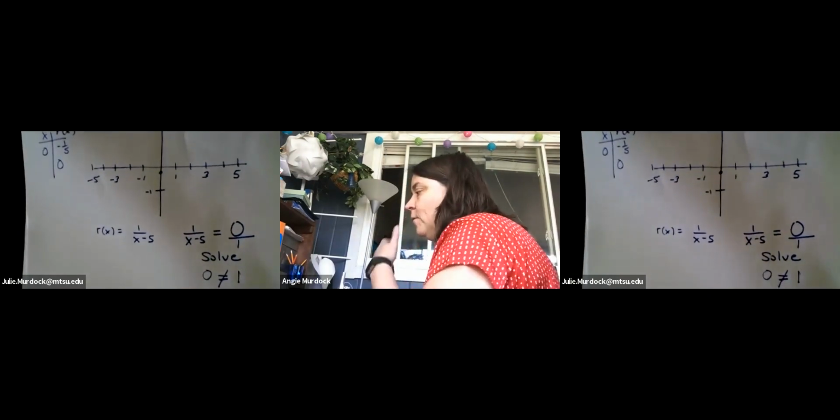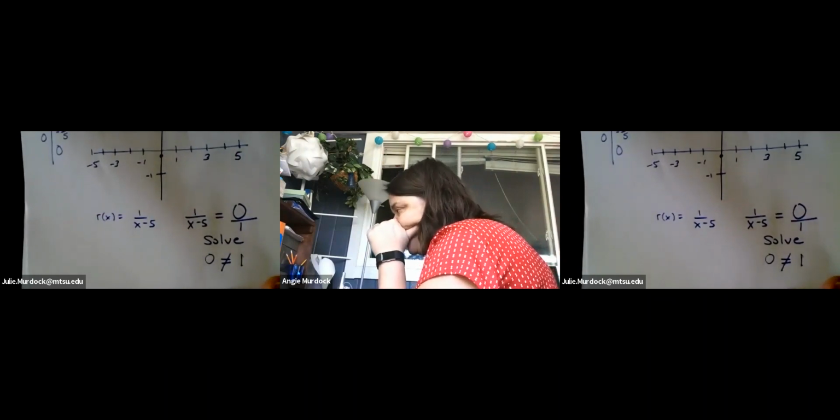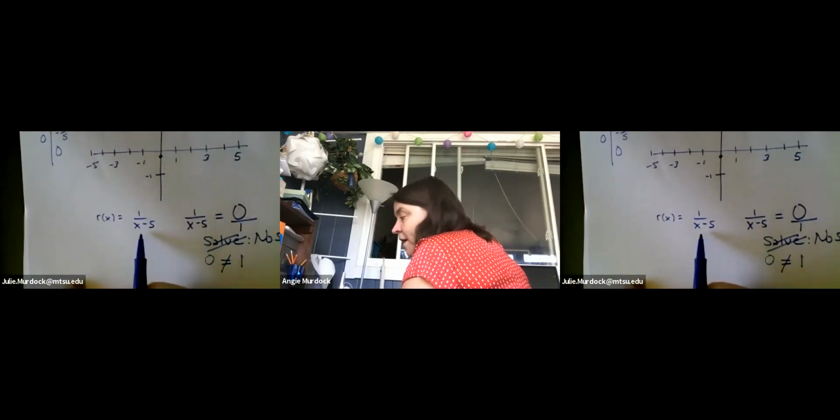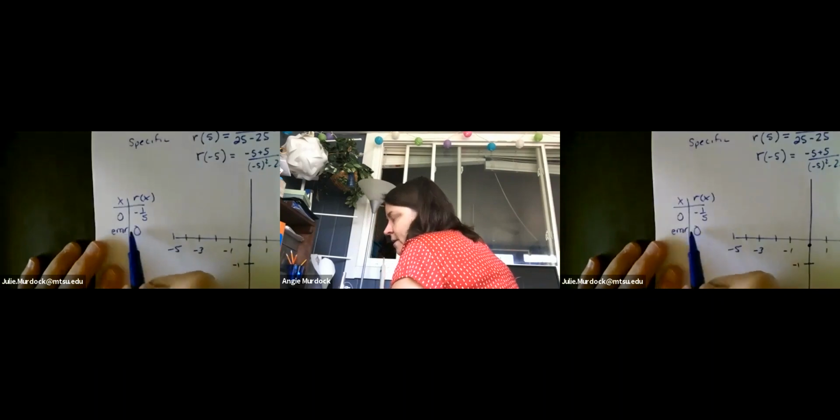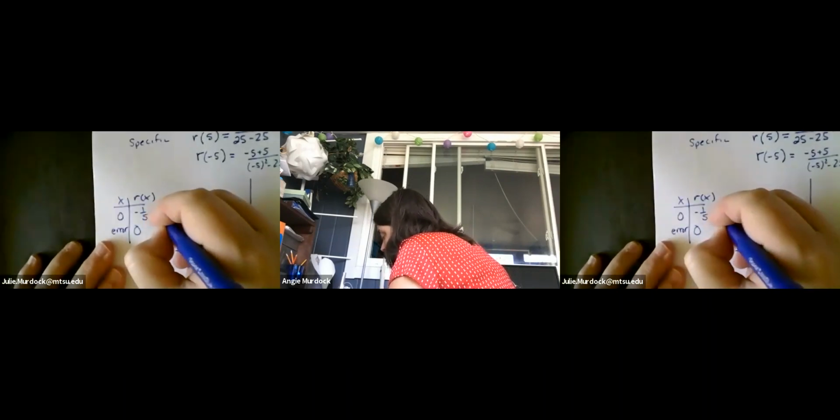And there is no value of x that 0 would ever equal 1. So there's no solution. There's no value of x that makes this ratio 0. And so I'll write the word error. There's not a horizontal intercept. There's just a vertical.